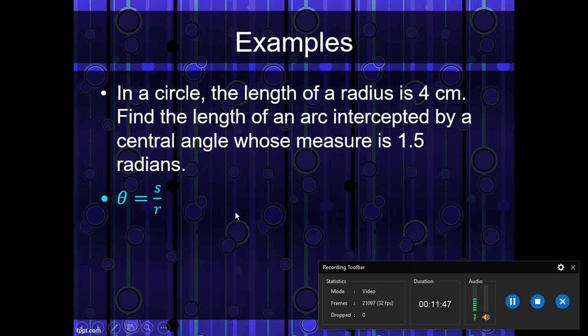So I'm going to sub in the pieces that I know. I know that the angle measure is 1.5 radians. My radius is 4. The intercepted arc is S, and that's what I'm looking for. If you wanted to make this a proportion, you could put 1.5 over 1. But basically, I'm going to multiply 1.5 times 4. And my intercepted arc is 6 centimeters. And again, that is a linear measure.